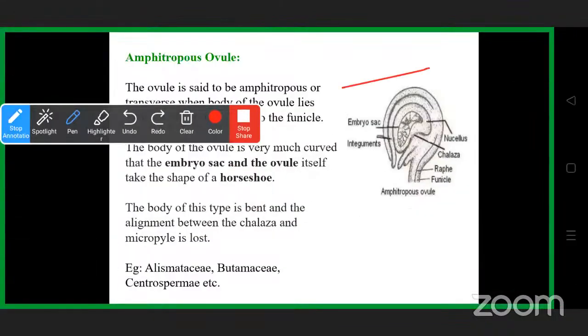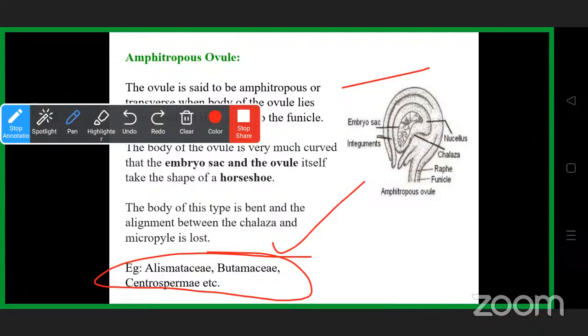Amphitropous ovules, that means curved embryo sac and ovule, are present in Alismataceae, Butomaceae and Centrospermae. So many exams they asked. Embryo is curved in amphitropous, campylotropous, circinotropous, anatropous, atropous. In which one? In amphitropous, it is bent into a U shape, whereas in campylotropous only the ovule is bent into a U shape, but the embryo sac is straight. That is the difference between these two. You should remember all that.